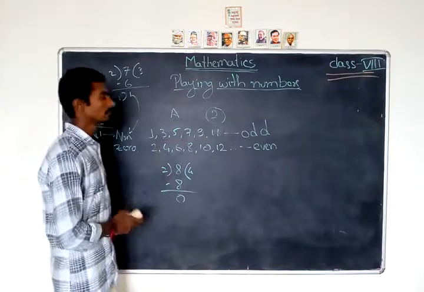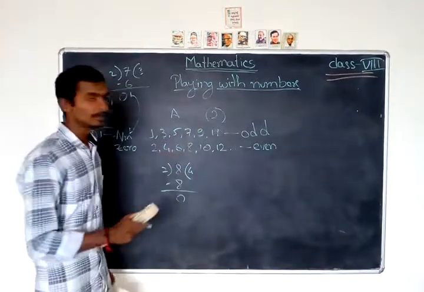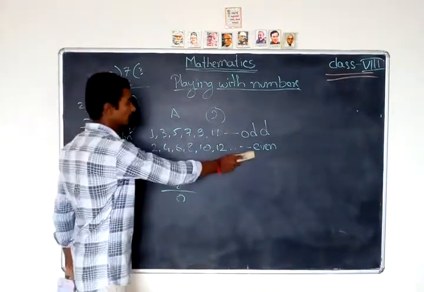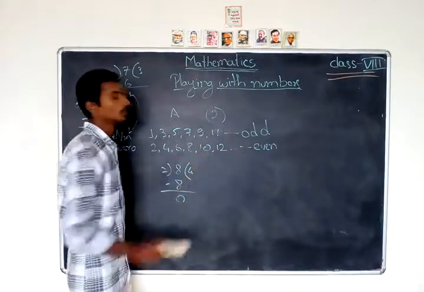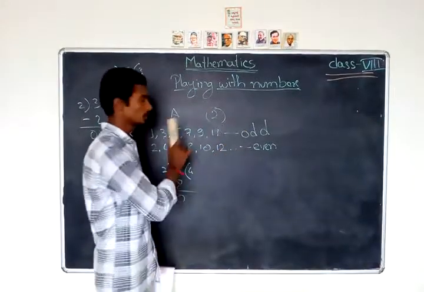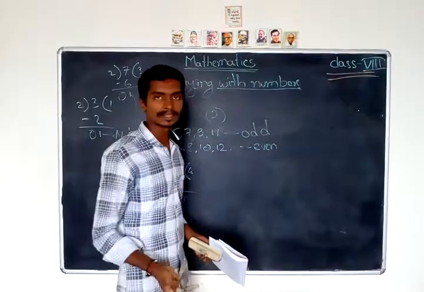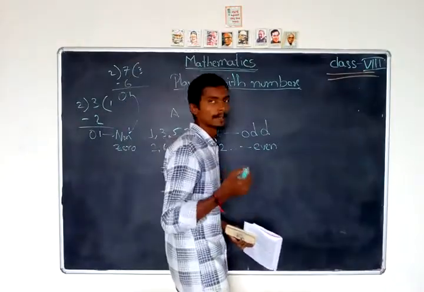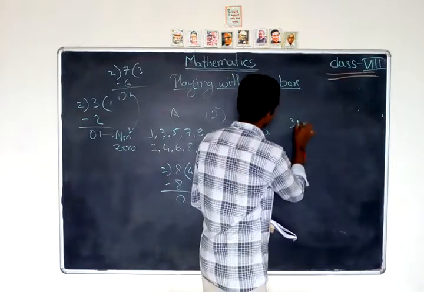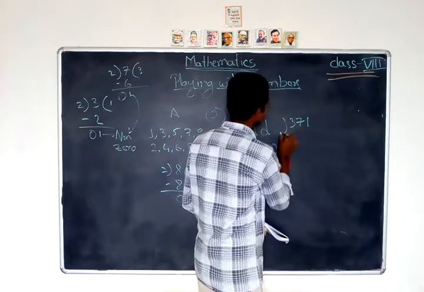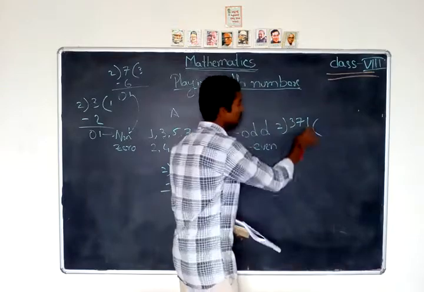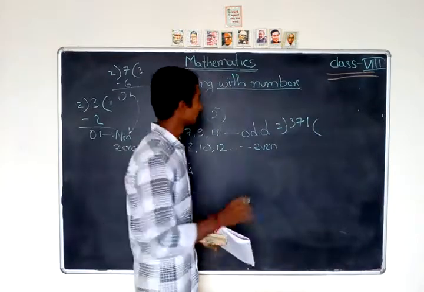So what is the divisibility rule for 2? Any number which is even is divisible by 2. If a number is odd, it is not divisible by 2. Let me take a greater number and try the division. 371 divided by 2. 371 is an odd number, right?